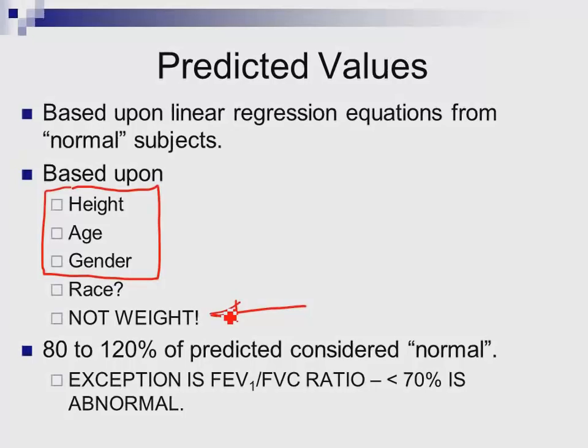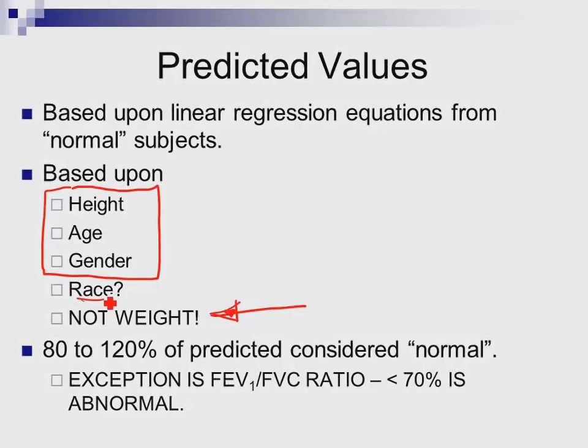Now, the real question is ethnicity. And there is a difference with some ethnic groups. African Americans typically have longer legs. I'm generalizing here, please. Typically have longer legs, so their height is not indicative of their thoracic length. Asian, Pacific Rim populations have shorter legs, but their height is likewise not indicative of their thoracic cage size.